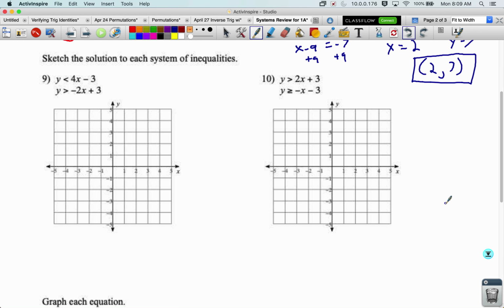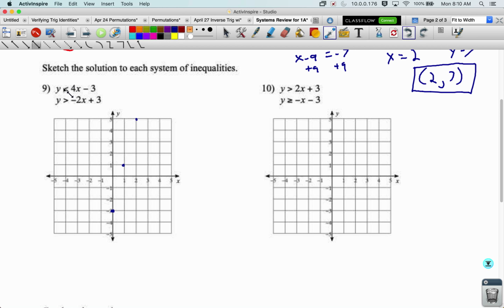All right, let's get the solution to the system of inequalities. Here, I'll do one of these. Very similar to system of equations, but there's a twist here. So let's graph that first one. Point at negative 3. Slope is 4, so I'm going to go up 4, right 1, then up 4, right 1. But I don't just automatically connect it with a solid line.